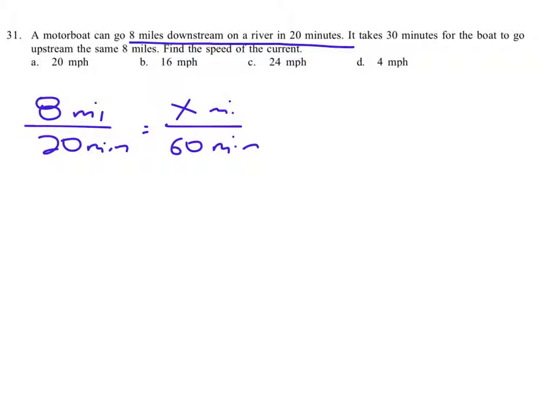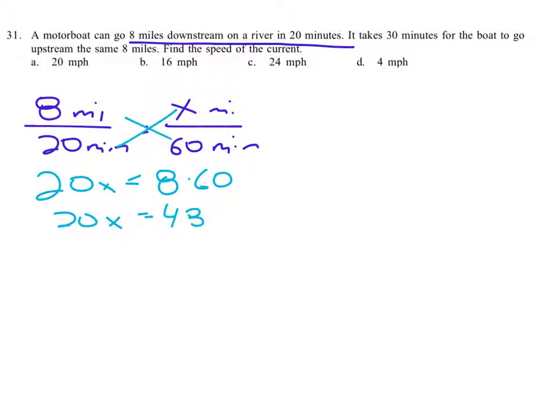You can multiply it like the proportions. You can do cross product, that times that equals that times that, and get 20x equals 8 times 60, or 20x equals 480.